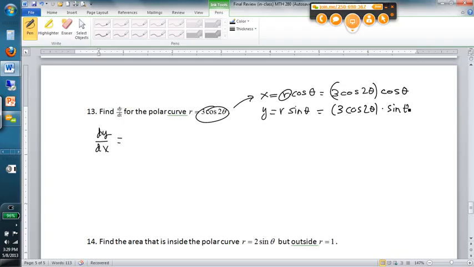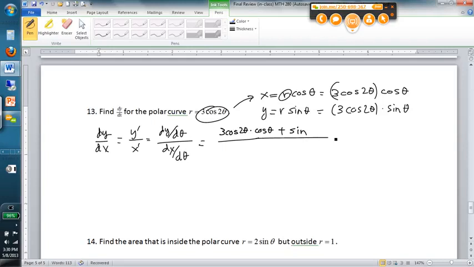That's how I can get dy/dx, because now just do the y prime over the x prime, basically dy/d theta over dx/d theta, I guess is the way we really put it. And that's just going to be some product rule. dy/d theta would be 3 cosine 2 theta times the derivative of sine, which is cosine, plus the sine times the derivative of 3 cosine 2 theta, which would be negative 3 sine of 2 theta times 2, chain rule.